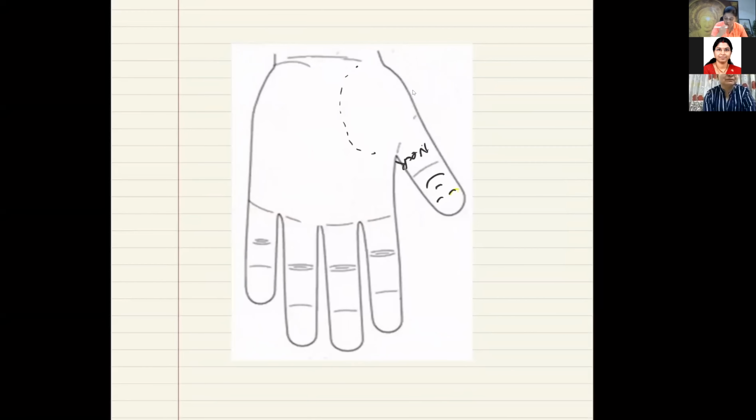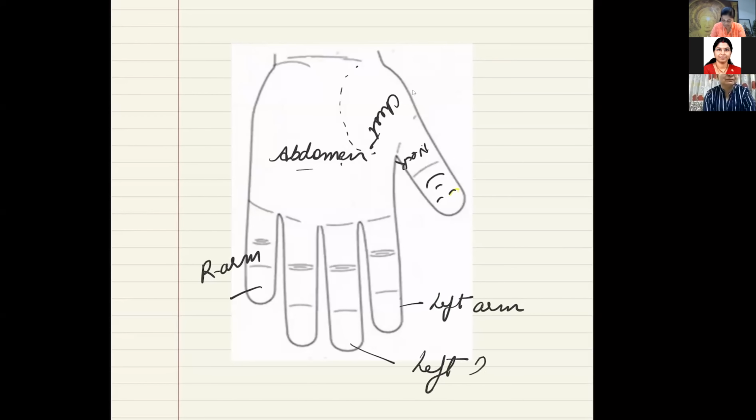In Sujok, we study in detail. Hand is similar to the human body. Chest. This is abdomen. Two arms. In left hand, this is left arm. Right arm. Left leg. Right leg.